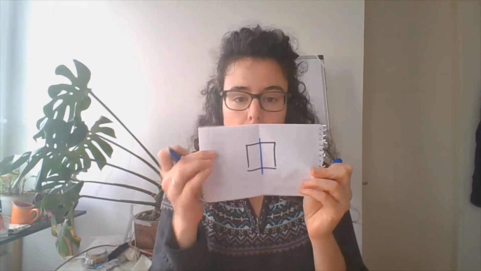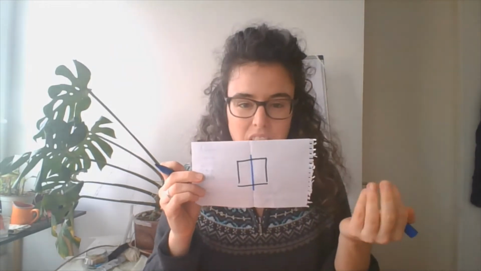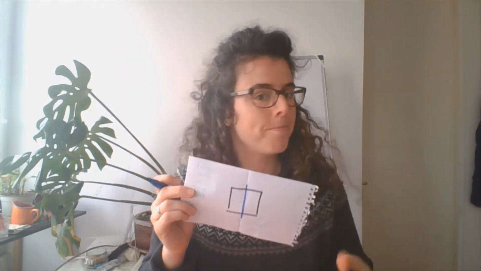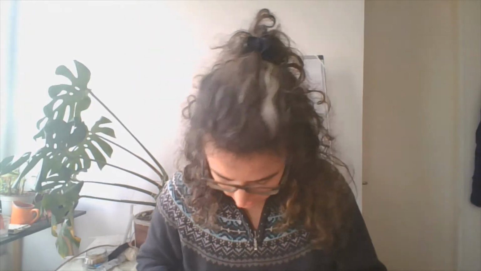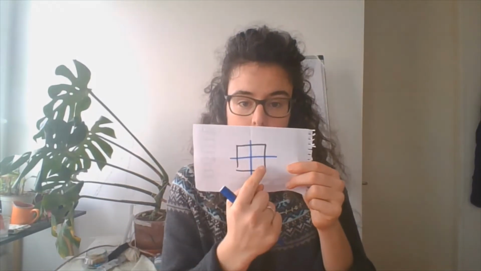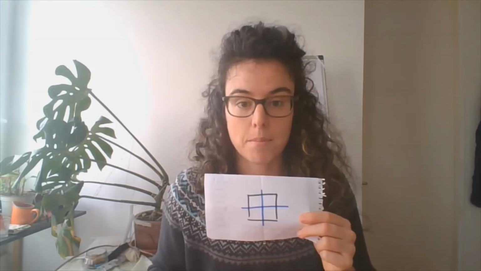If we fold it this way, this side is the same as this side. Is that it? Are we done? No, because we can also fold it this way and do a line of symmetry across. That means that the top half and the bottom half are the same. So that's two lines of symmetry.